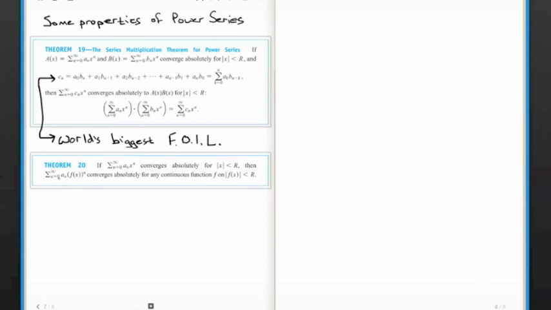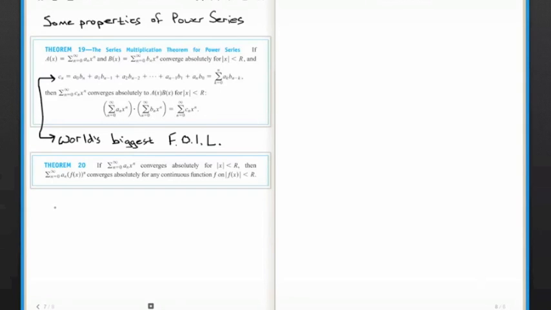Then the sum of the same coefficient times some function of x to the n converges absolutely on any continuous function f of x. So if I took, say, the square root of whatever my x is, it would still converge on the same radius. And that's analogous to that, the limit of the function is the function of the limit that we talked about. But this is getting long, so I'm not going to write that down.